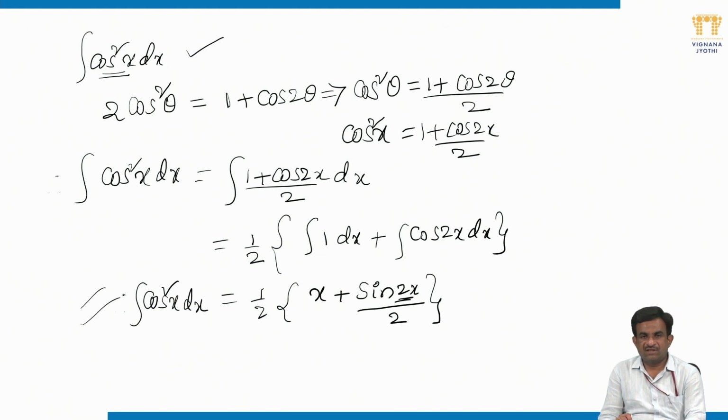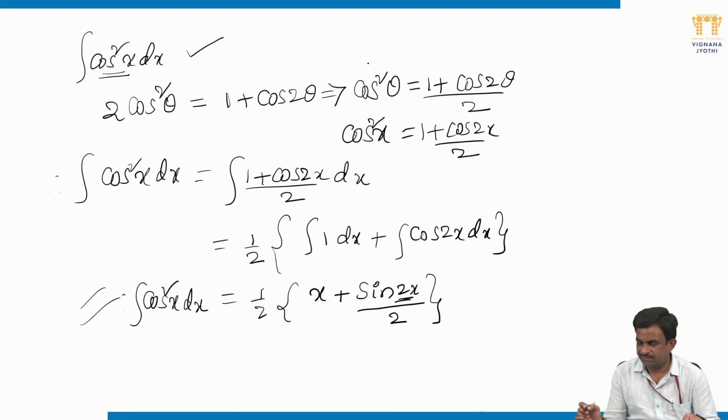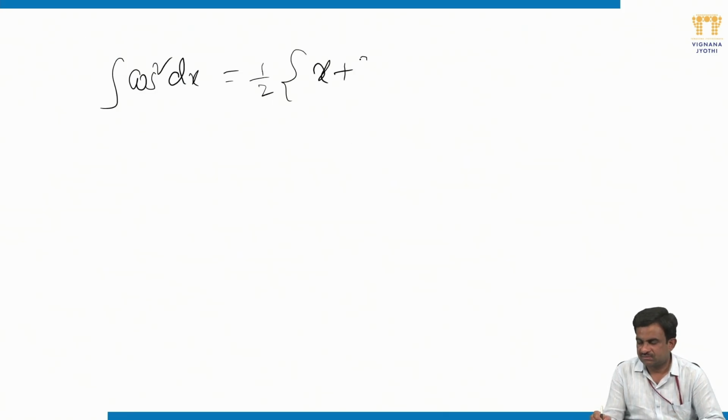Coming to the definite integral, we got cos square x into dx as 1 by 2 into x plus sin 2x divided by 2.